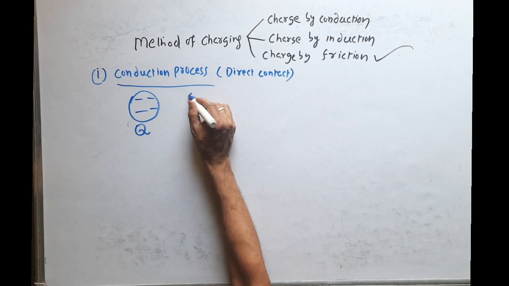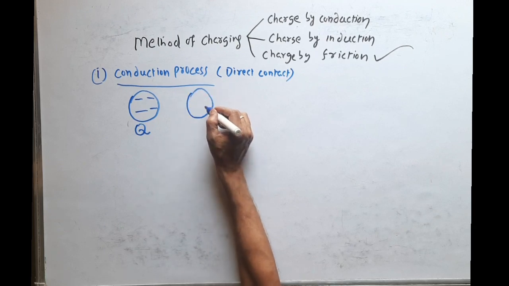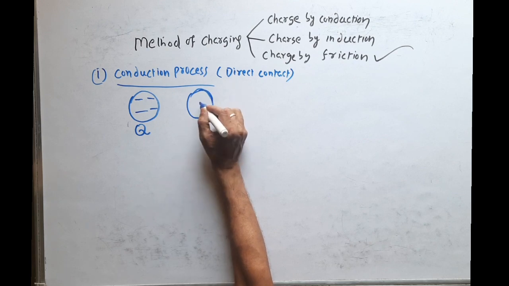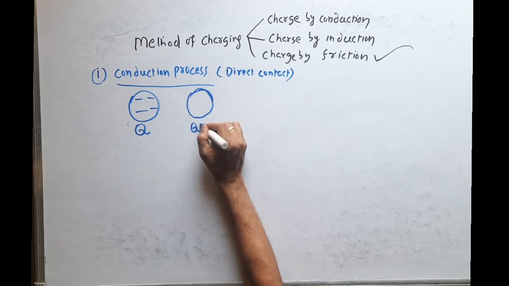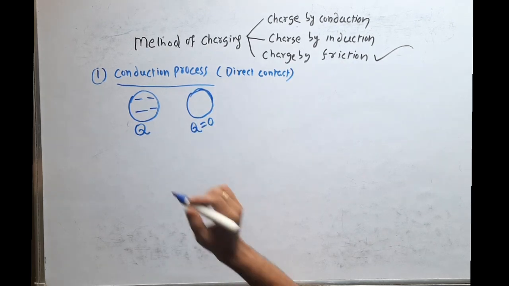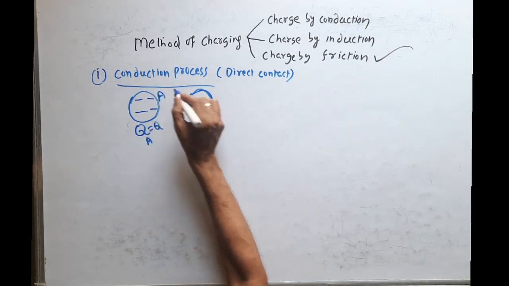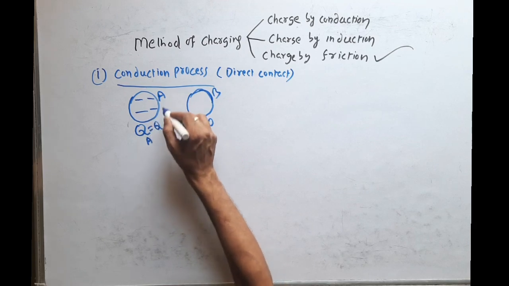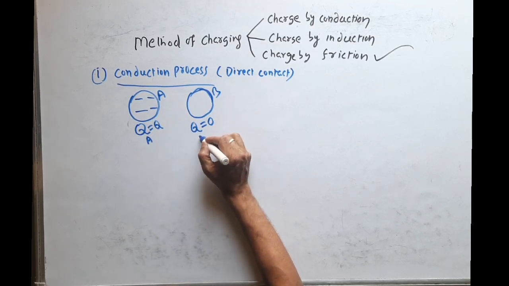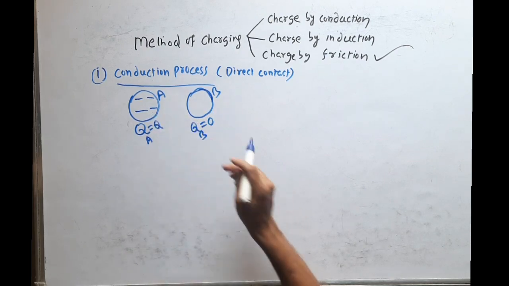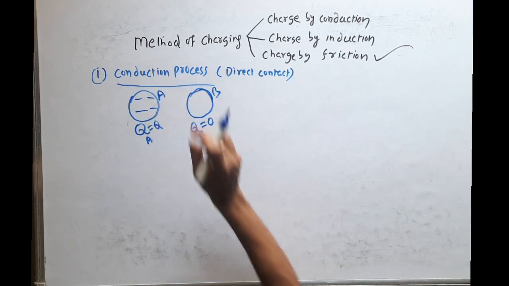Now you bring another body of the same shape and same material. The charge of this body is 0. Let us say this is body A and this is body B. The charge of body A is Q, and the charge of body B is 0. That is the uncharged body, and this is the charged body. There is a gap between these two bodies.